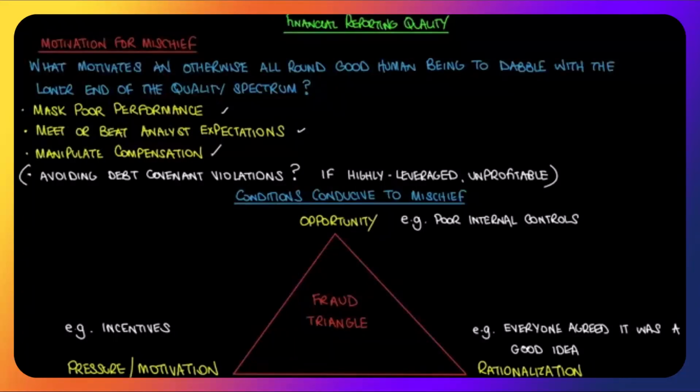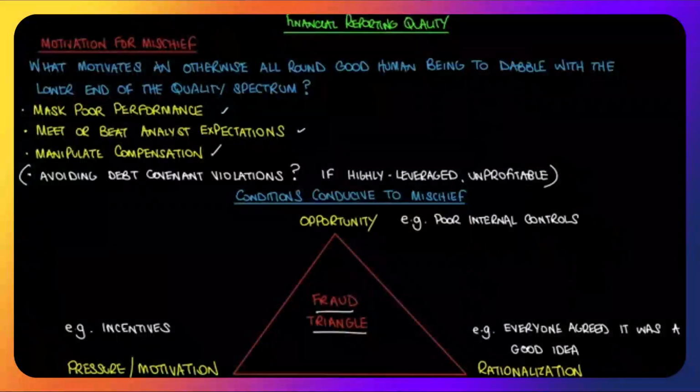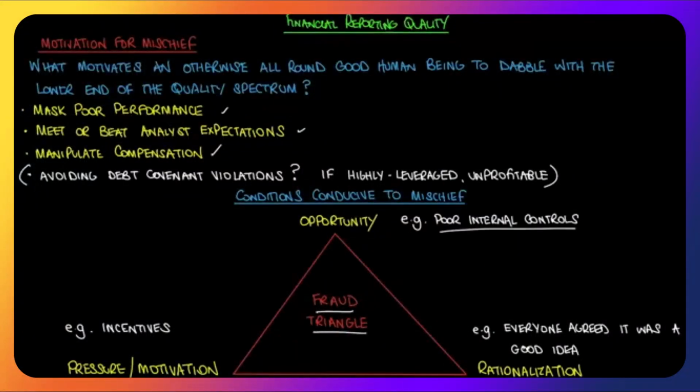The conditions conducive to this mischief, well, they give you a fraud triangle. Opportunity, pressure or motivation, and rationalization. Not too much to say about it. Poor internal controls, good example of the opportunity to manipulate your accounts. That has happened repeatedly historically, and it's worth just mentioning Sarbanes-Oxley in the US, legislation post Enron, a huge collapse.